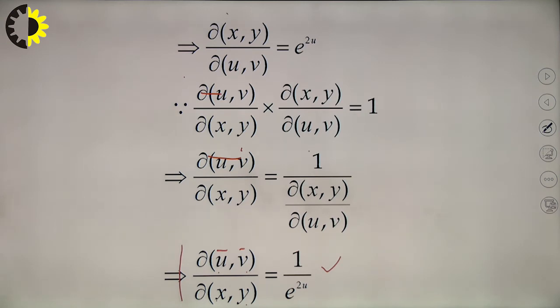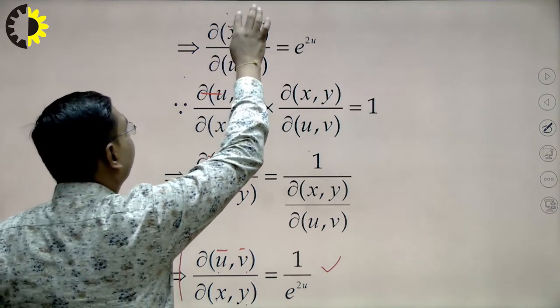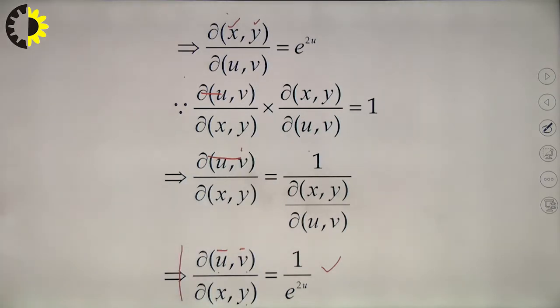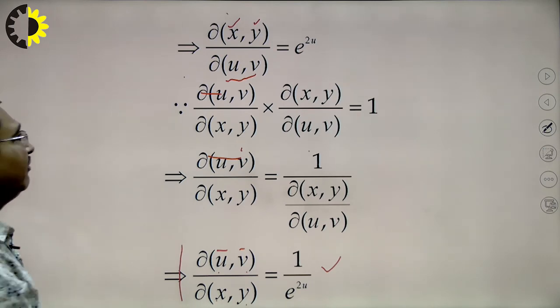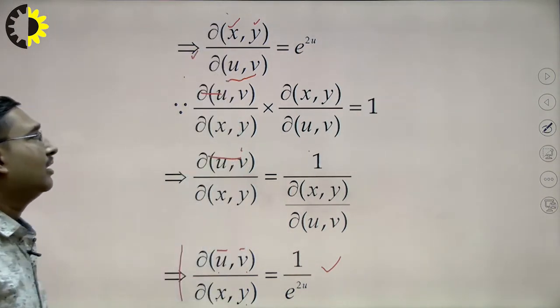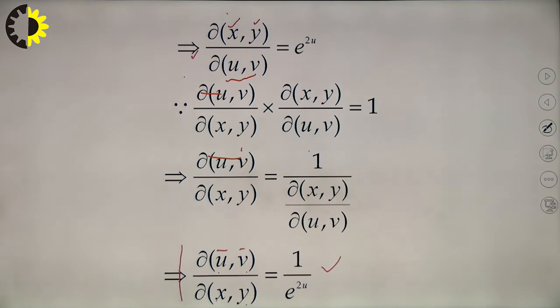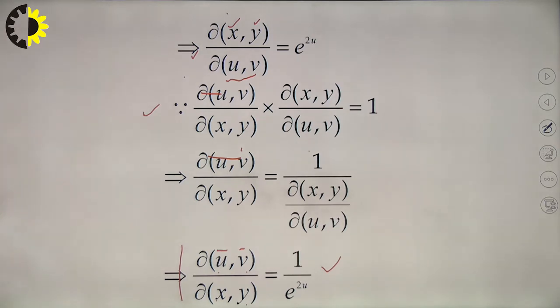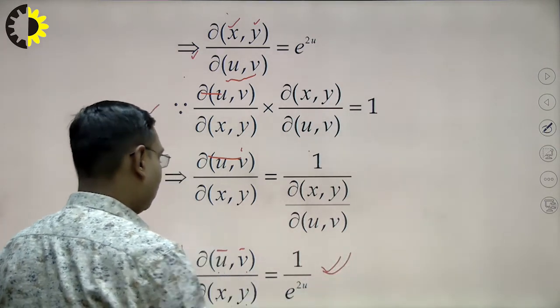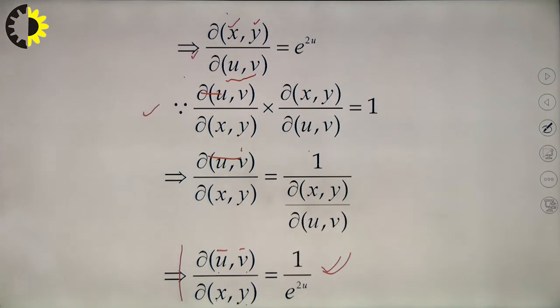We observed that values of x and y are explicitly expressed in terms of u and v, and therefore we were able to find this Jacobian del x y over del u v. We calculated this Jacobian, then the property of Jacobian was used, and using that property I was able to find the value of this Jacobian del u v over del x y as 1 upon e raised to the power twice u.